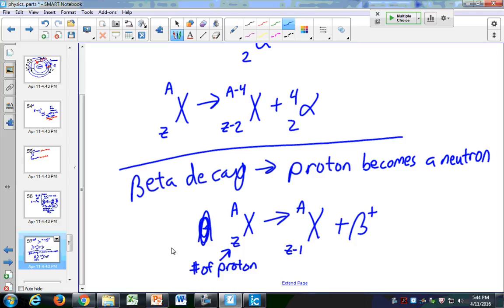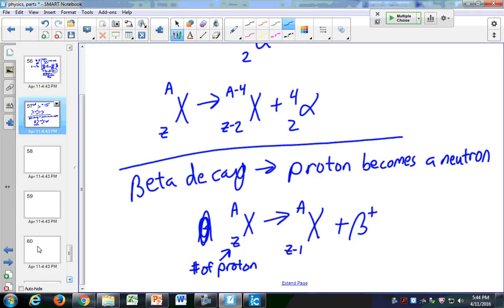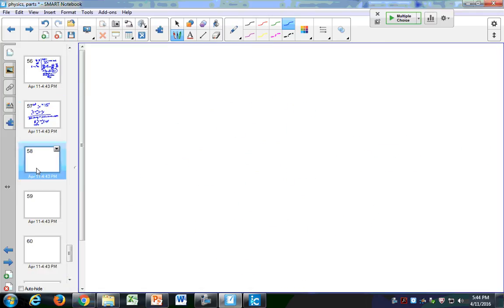All right, so that is our beta particle. We also have gamma decay. Gamma decay doesn't really change the atomic structure of the nucleus at all, but it does change the energy. So in gamma decay, it's like the atom just loses energy.